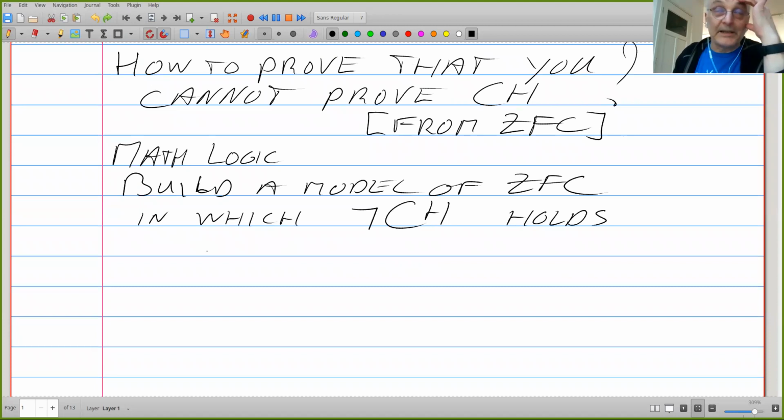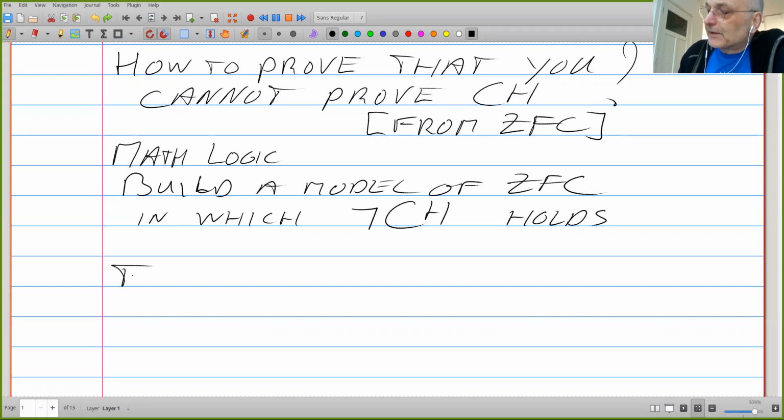And Gödel's completeness theorem goes the other way. It says that if you happen upon a statement that holds in all the models of your theory, then there must be a formal proof of that. And so if you want, it's an if and only if situation. You prove that you cannot prove it if and only if you construct a model in which the provable thing is not valid.